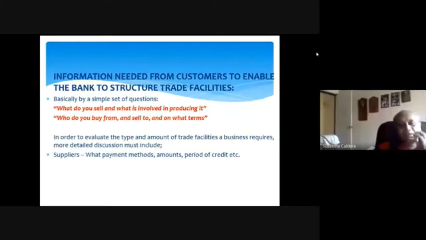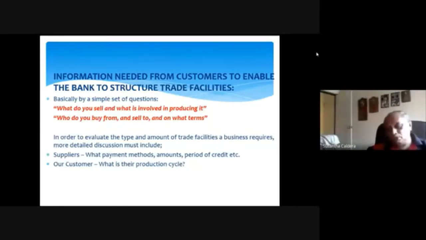Then our customer, what is the production cycle? Then for your customers, you have to ask their production cycle. What do you mean by the production cycle? From the time you order the raw materials, up to the time you finish the production, export the production and receive the money.